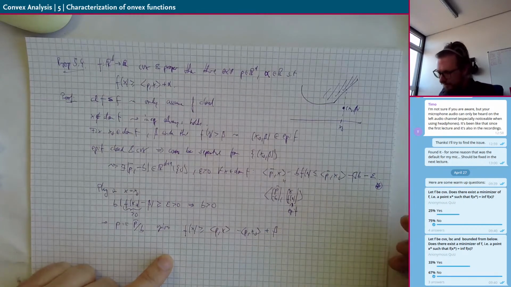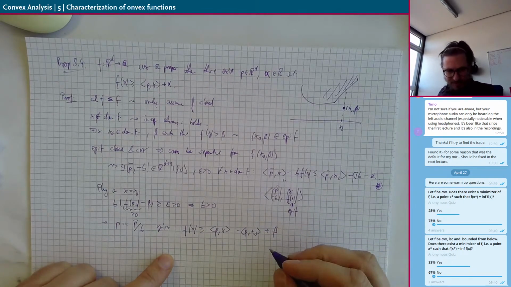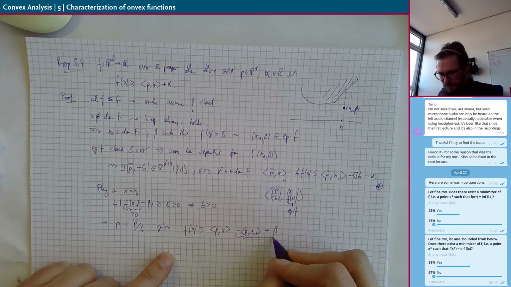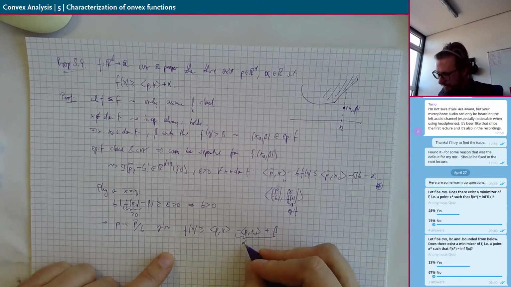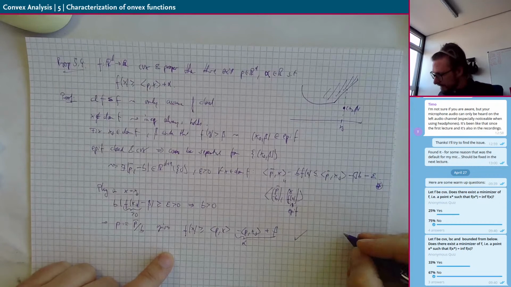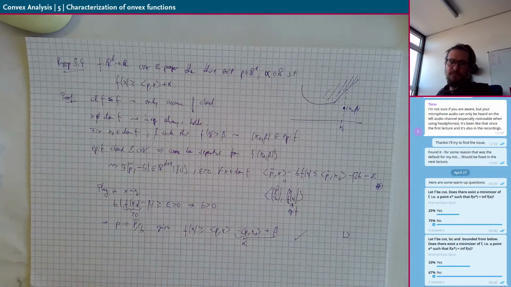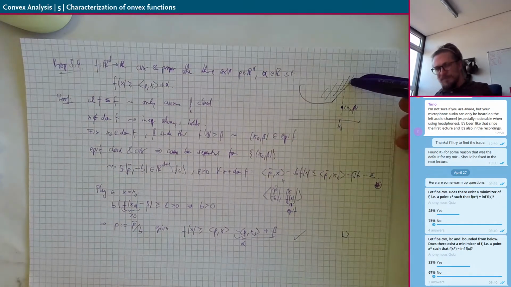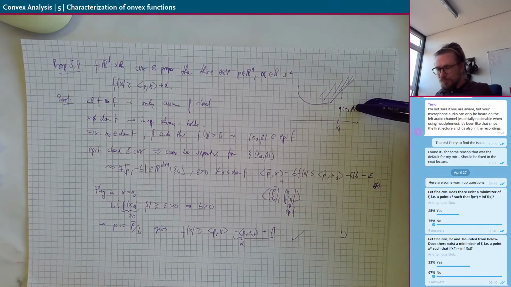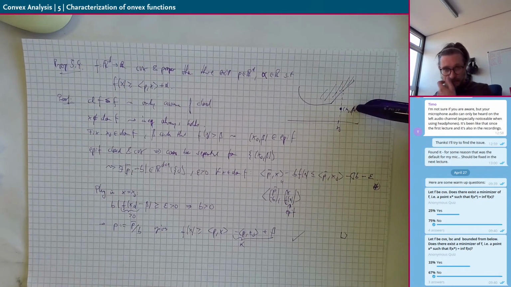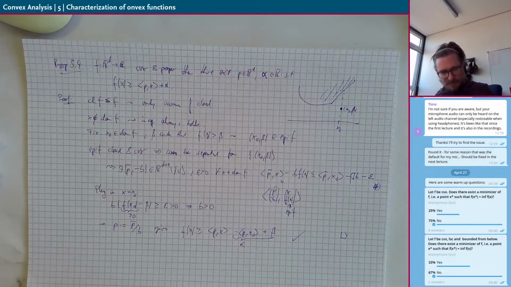We even omit the epsilon, we don't need it anymore, and we just set this thing here to alpha, and we are done. So two ideas in the proof: separate the closed epigraph from the compact point, and then ensure that this hyperplane is not vertical. Okay, good, that was that.